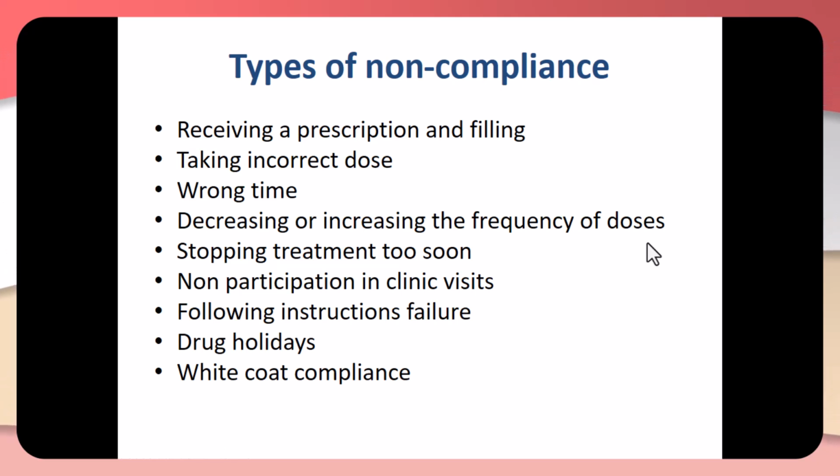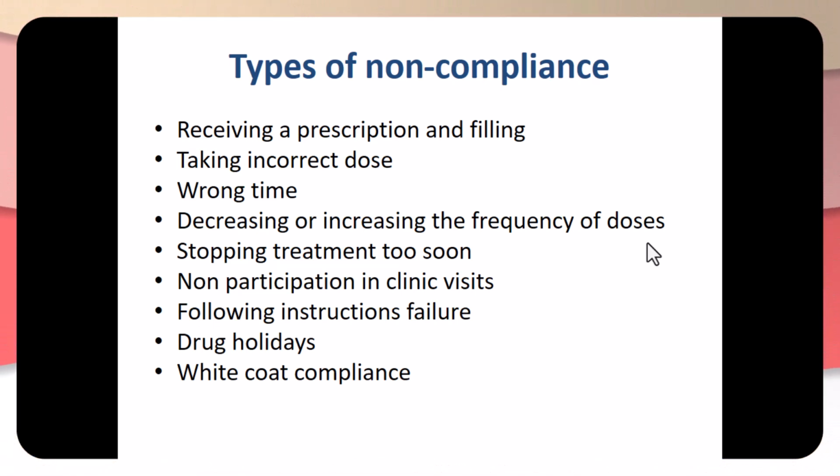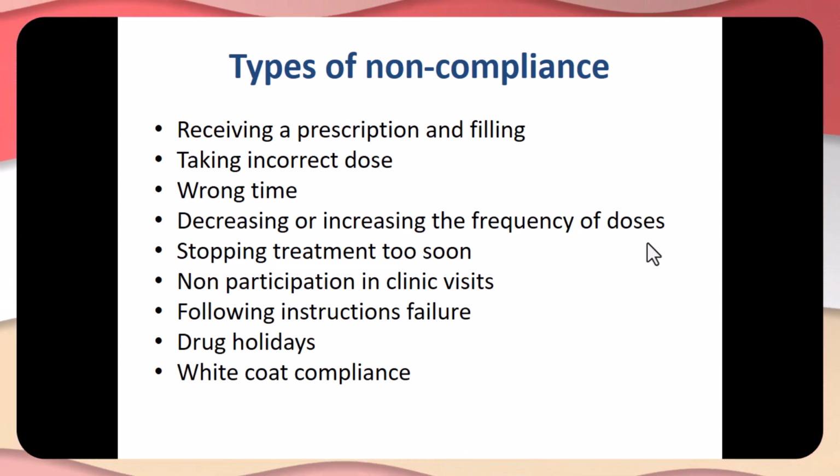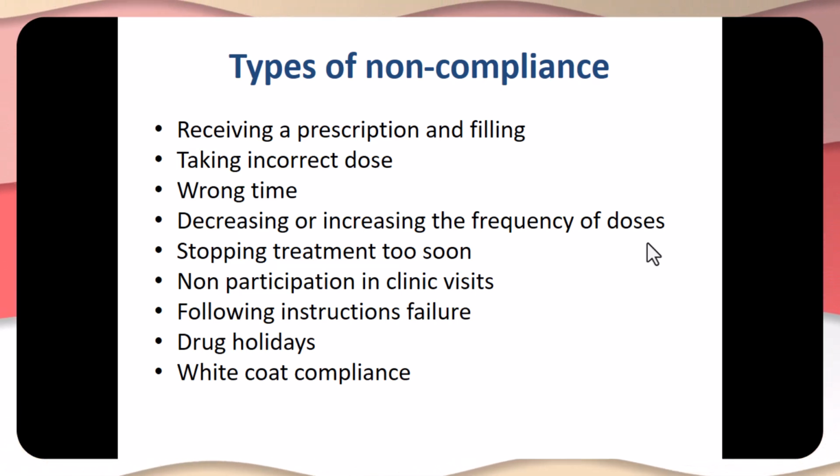Okay, so we also look at what are the types of non-compliance. You find that receiving a prescription and filling it, okay, for those chronic care. Like I said, if you have not yet watched our video or lecture on patient care, it is better you watch it first before this.